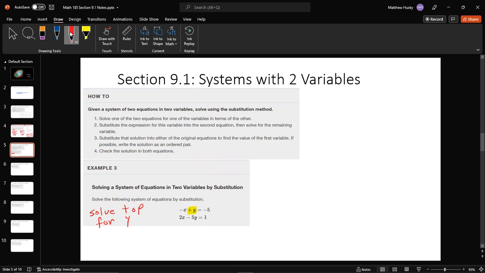And again, the easiest choice to make this method work nicely is to pick one where the variable is all by its lonesome. The y in the top equation does not have a number in front of it, unlike the bottom equation where you've got 2x and negative 5y. The other thing it has going for it is that it's also a positive y. That's why I chose y instead of the x, because you'll notice the x is negative.